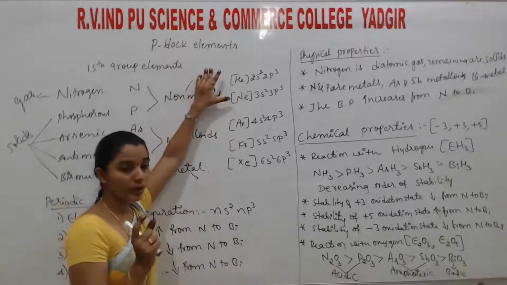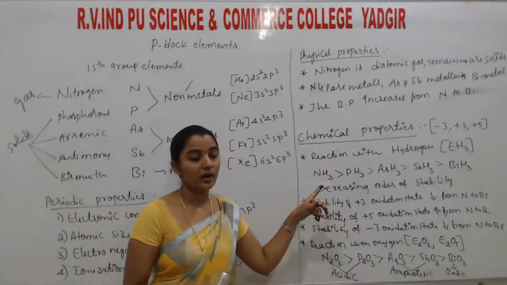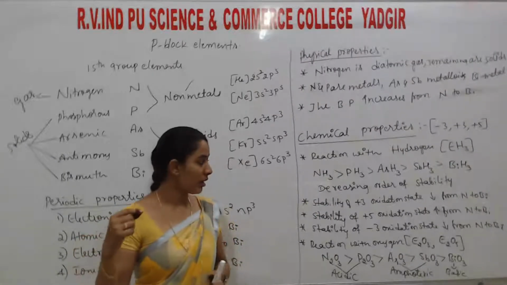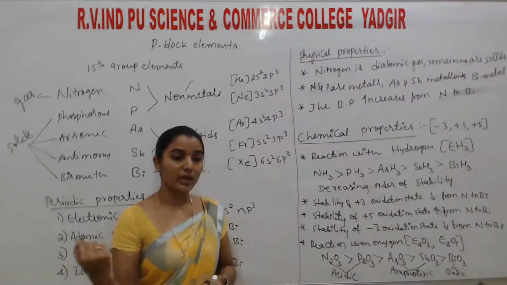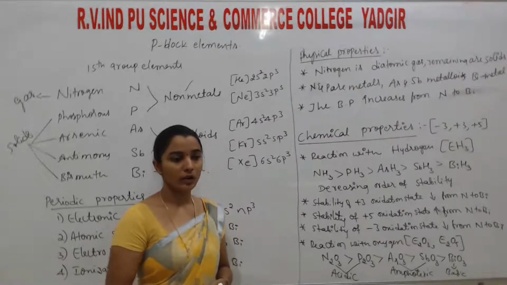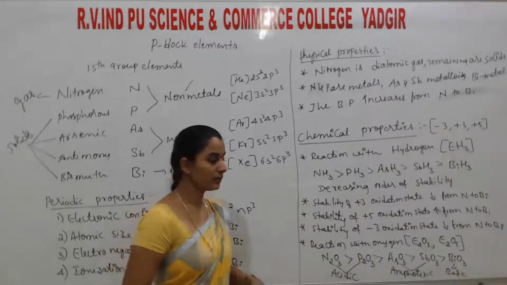One more important question is there, in which this order they will ask. Write the decreasing order of stability of hydrides of nitrogen family, hydrides of oxygen family, hydrides of fluorine family. Whatever they answer, this is very important. Understood?